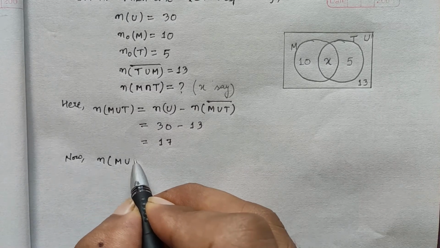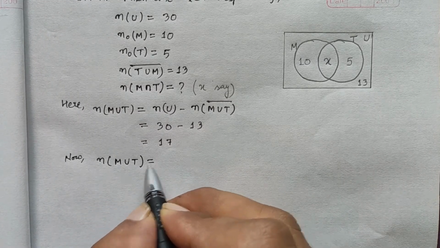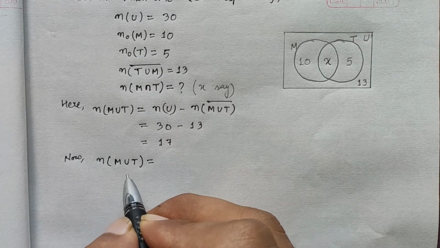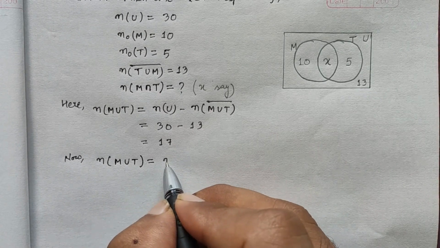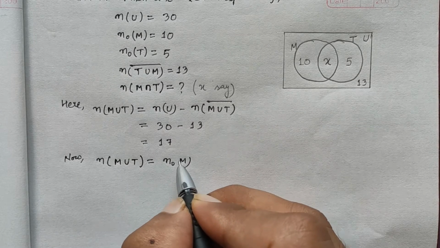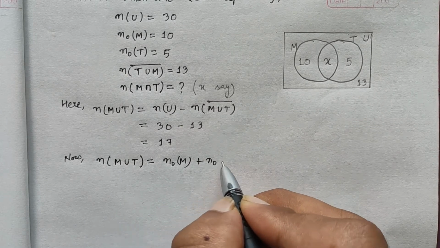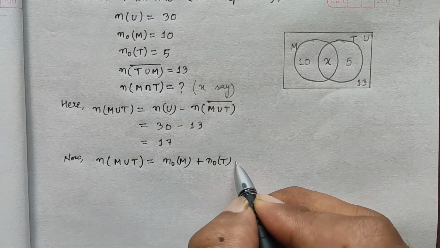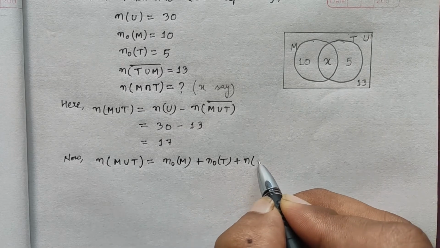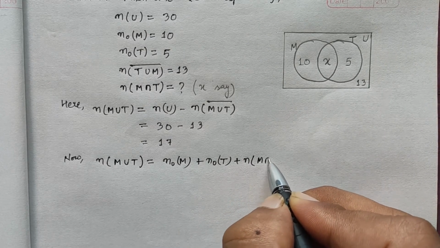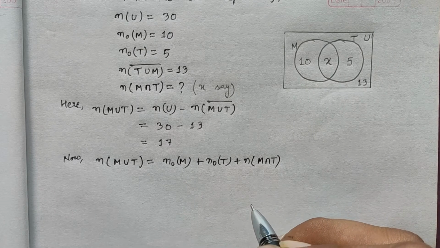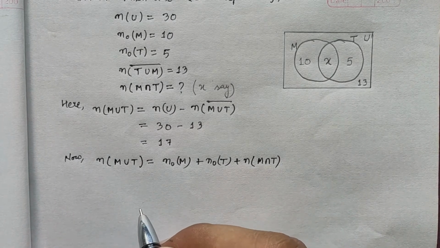What is that? A is M and B is T here. So n(only A) plus n(only B) plus n(A intersection B).